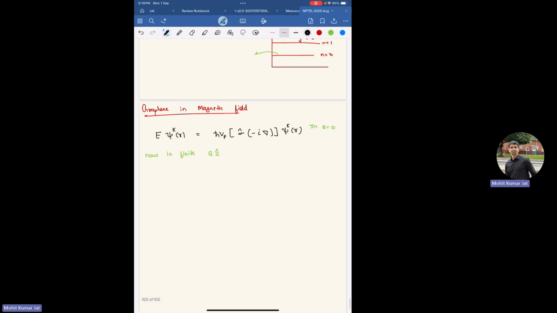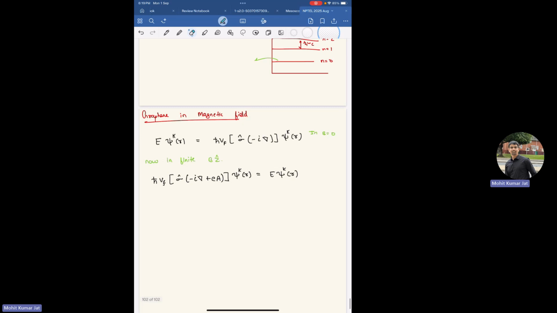What will happen? Your Hamiltonian will read h bar Vf sigma dot, i delta plus Ea by c, similar to p plus Ea by c, right? And psi k R equals E psi k R.